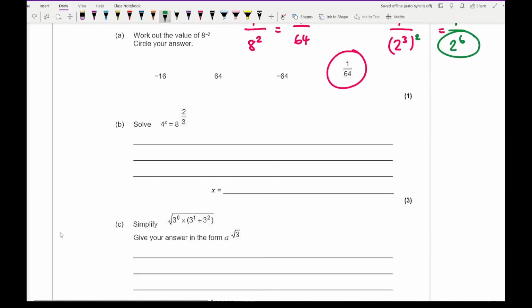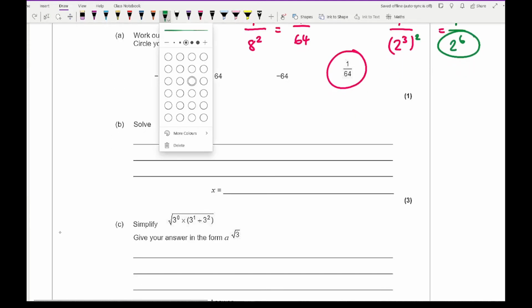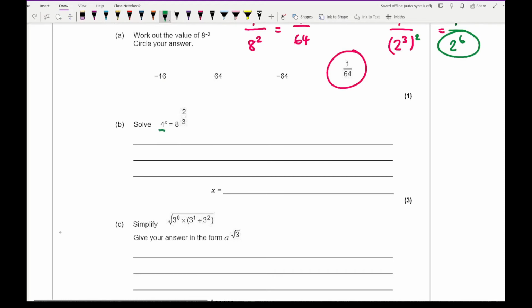Looking at question B, it says solve this. So again, what you want to do here is change the bases of 4 and 8. So 4 is 2 squared and 8 is 2 cubed. So changing this, I get 2 squared to the power of x equals 2 cubed to the power of 2 over 3.